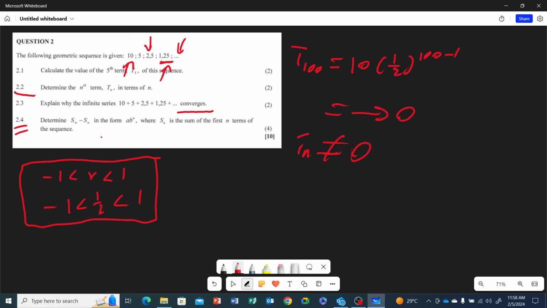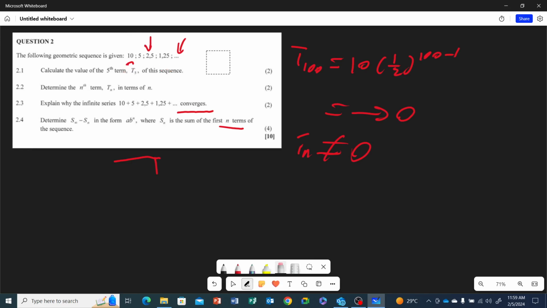Question 2.4. Determine the sum to infinity minus the sum of the first n terms in the form a, b to the power n, where Sn is the sum of the first n terms. Okay, let me clear up our screen so that it can be tidy.